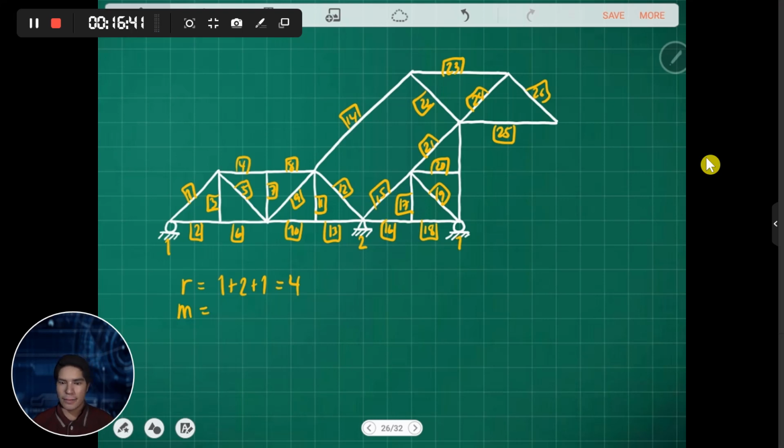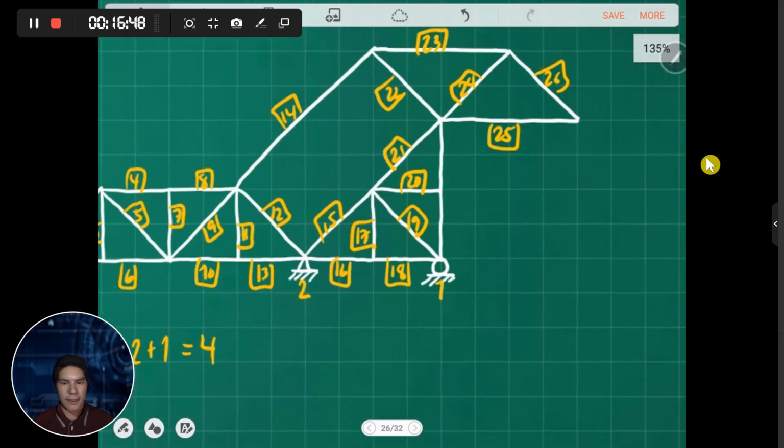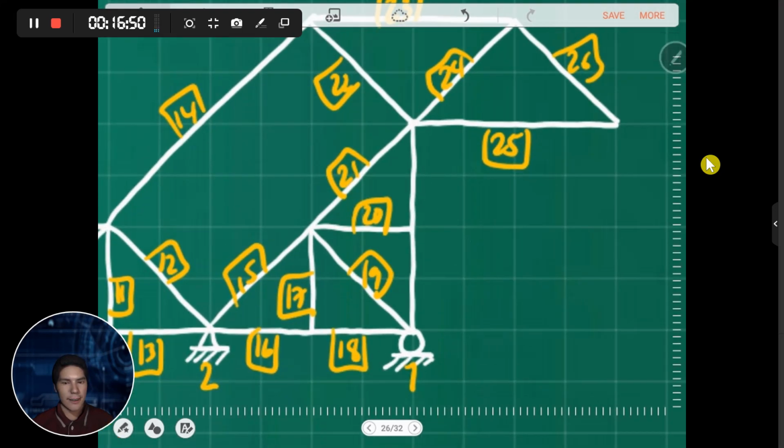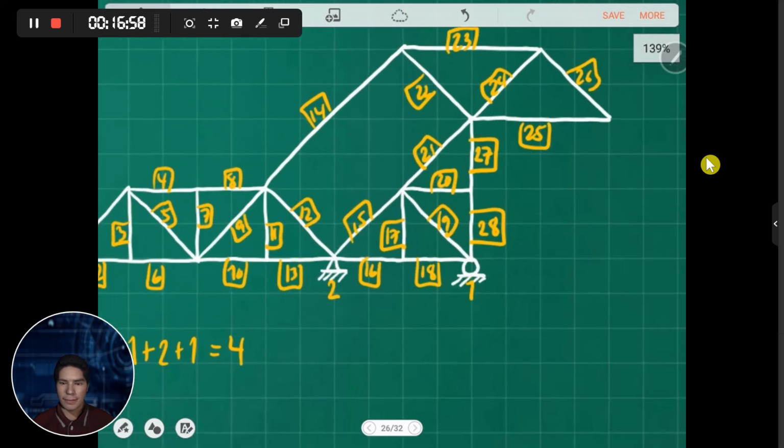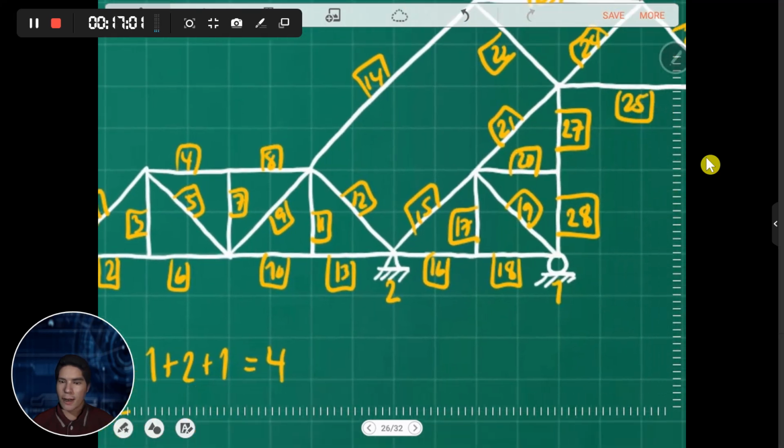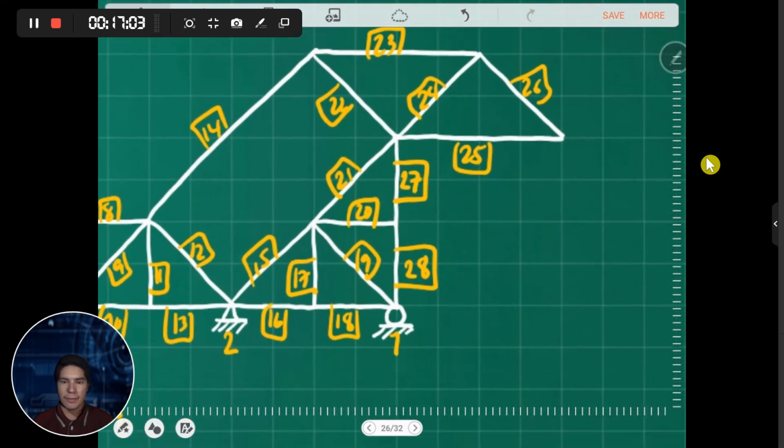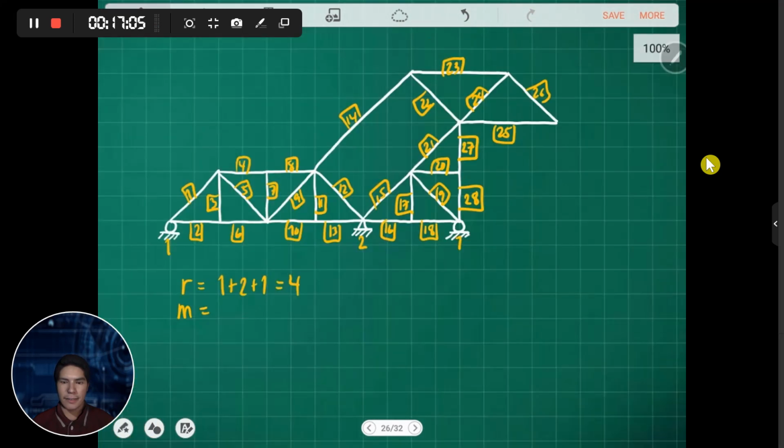So, did I forget something? Oh yeah, okay, this one, 26. So we have 27. We have 28. Is there more? Okay, so we have 28 members.